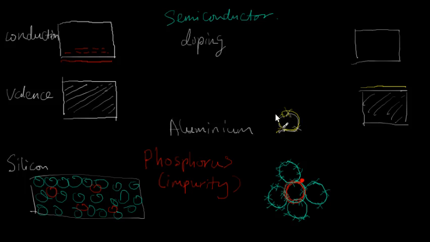The aluminum atoms, introducing aluminum impurity into the silicon, would introduce an additional energy level just above the valence band, very close to it. So a very small amount of thermal energy would allow electrons from the valence band to jump up into this energy level. So the electrons from here will jump up to here.